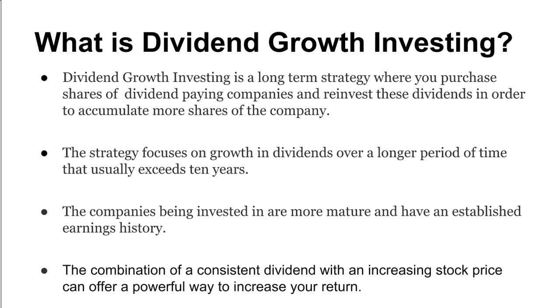So over the course of 10, 15 years, you're not only getting the profits from the appreciation of the stock price, but you're also consistently generating a passive income every month where you're able to reinvest. That increases your dividend payout for the next quarter. Then you reinvest that, which increases your dividend payout for the next quarter, and so on and so on. So it's a compounding growth effect.